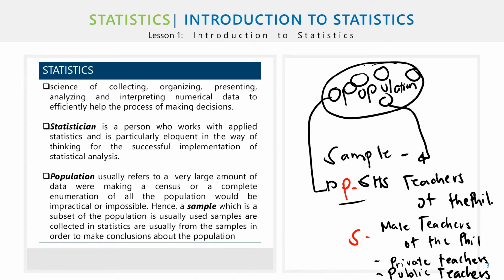Kasi kapag nilahat natin na senior high school teachers of the Philippines, masyado siyang marami. So para hindi tayo masyadong mahirapan, ang gagawin natin is just take a sample out of the population, kukuha lang tayo ng mga group na nandun under kay population, which are senior high school male teachers, or kaya naman senior high school female teachers, and the likes.